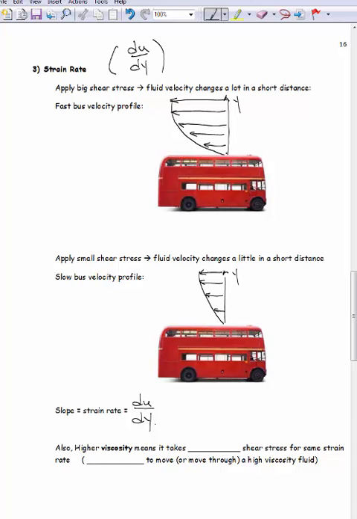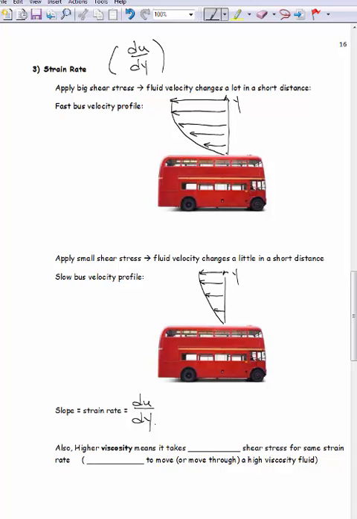But here we got kind of like dx dy. So everything is going to be an opposite world here from what you had in calculus. So if we're going to look at which one of these has a large strain rate and where the strain rate is higher, our slopes are not going to look the same as they did in calculus. So you have to think about it a little bit differently.